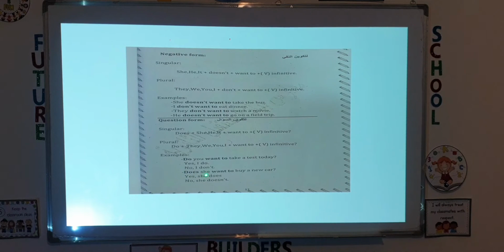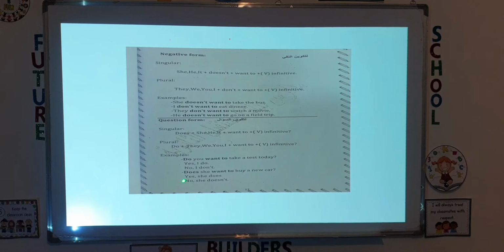Does she want to buy a new car? Notice here that we have used does because the subject here is she. Then want to, then the infinitive form of buy and the complement of the question.